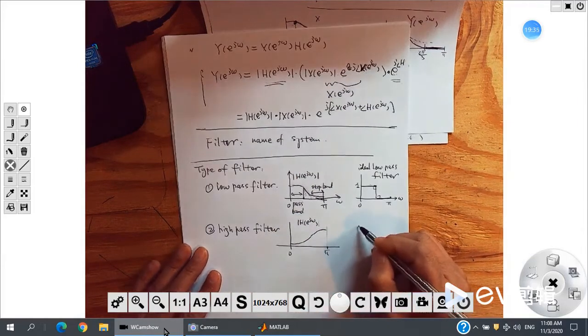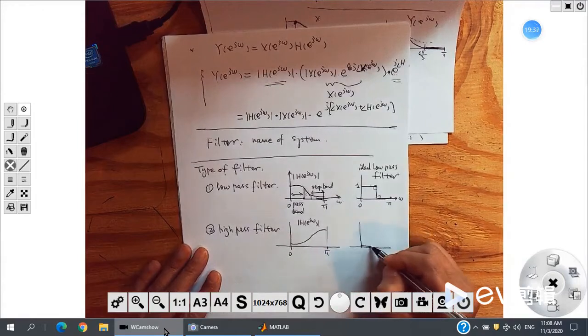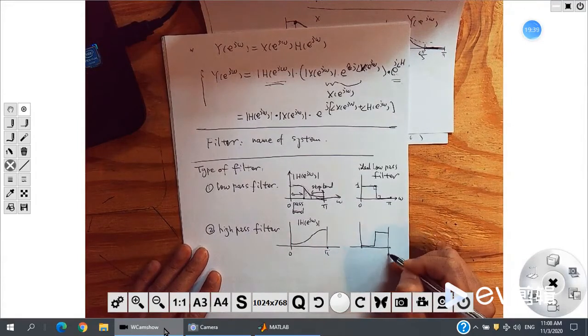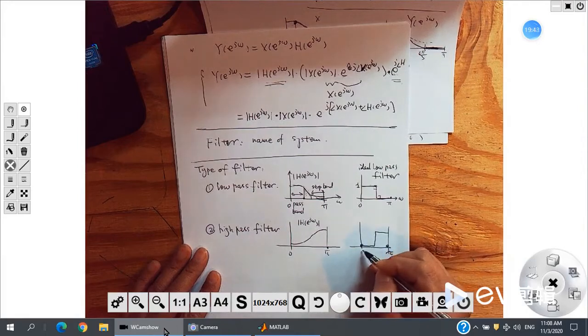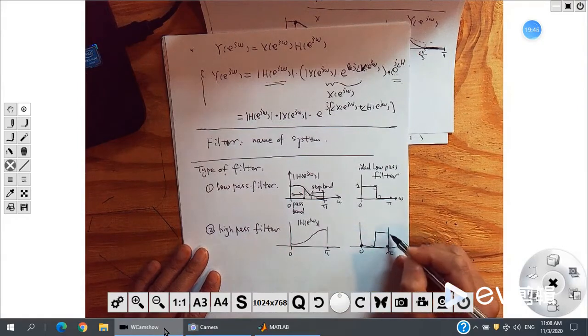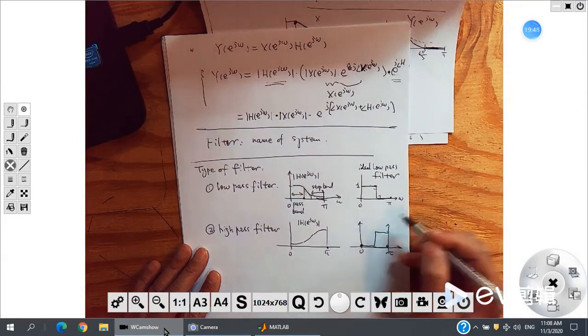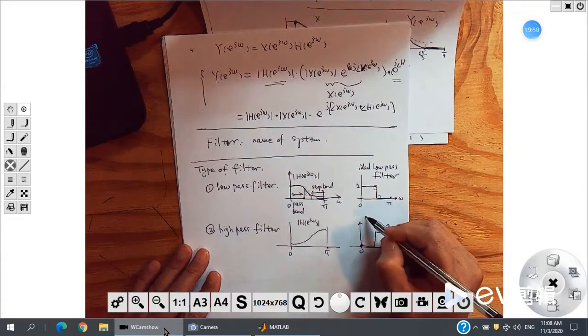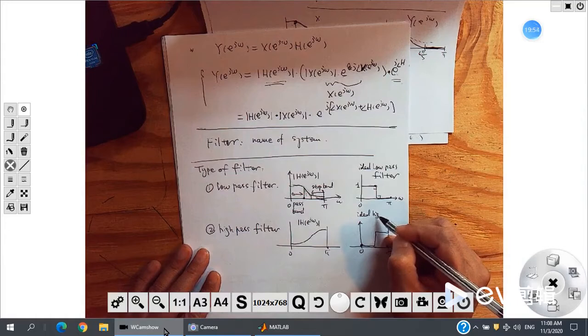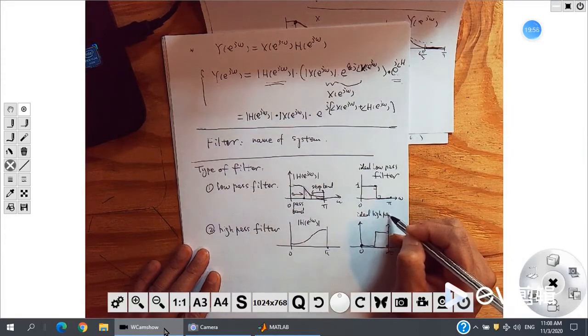And we have the ideal one, like this. Here's pi, here's 0. This is the ideal high pass filter.